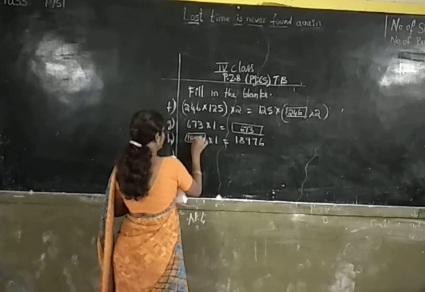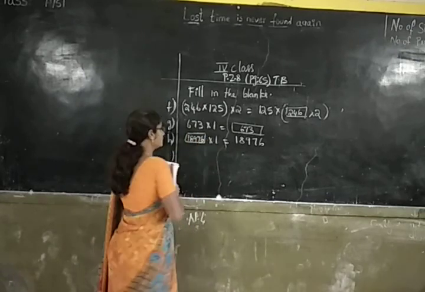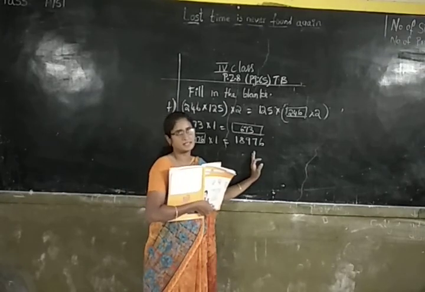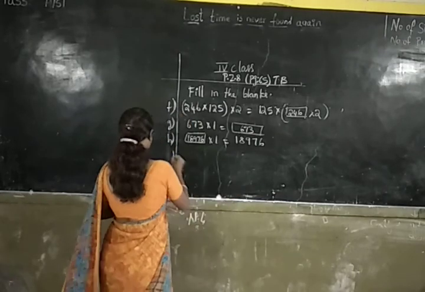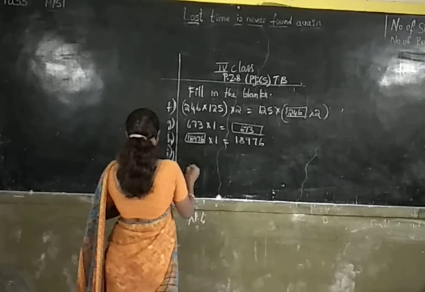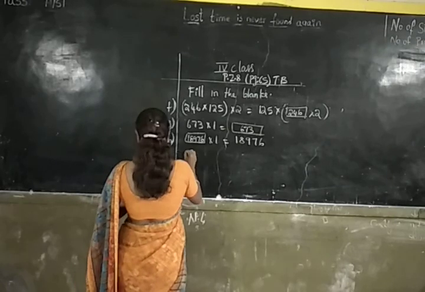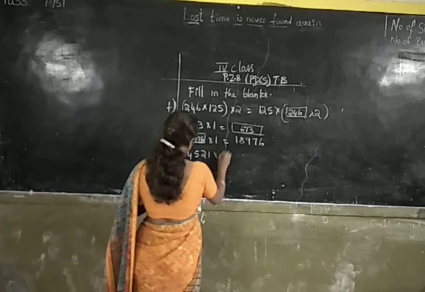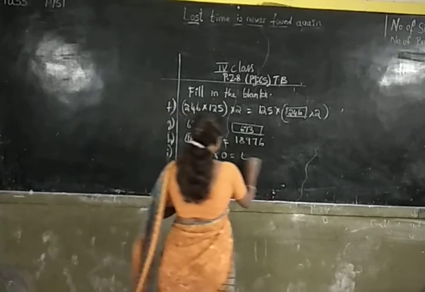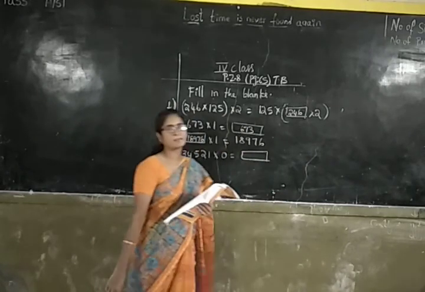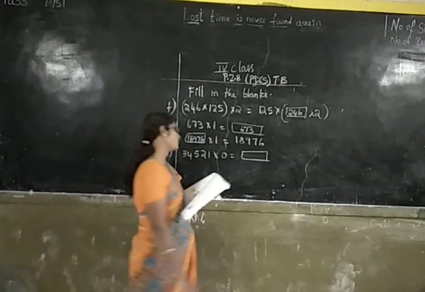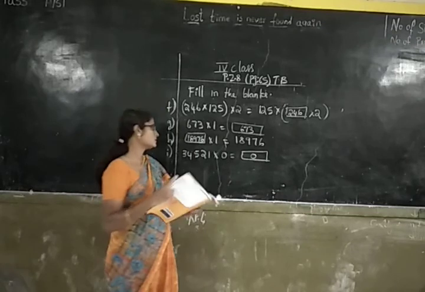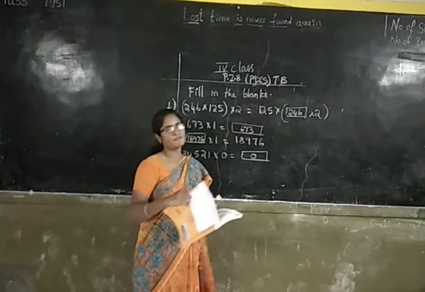Here we have to write 18,976 because if we multiply any number with 1, we will get the same number. Now let us do the I sum. 34,521 into 0 is equal to box. So if we multiply any number with 0, the result will always be 0. The product is always 0. This is according to the property of 0.